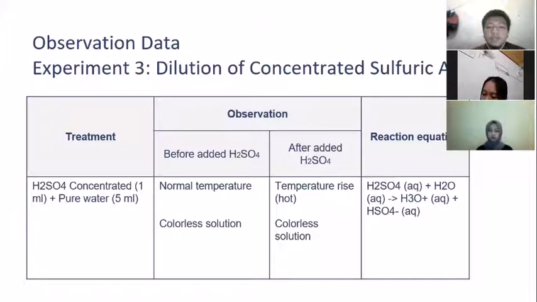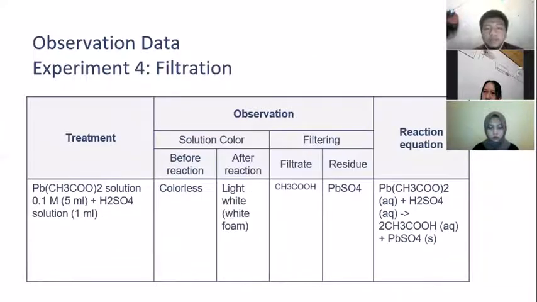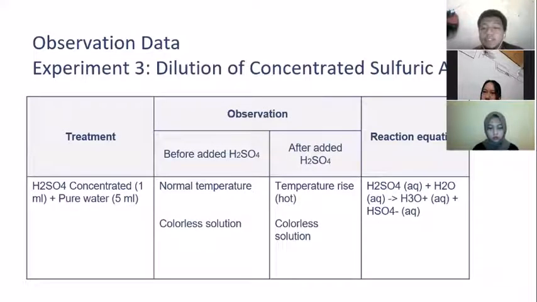For the color of solution, before and after adding sulfuric acid it is still colorless. Reaction equation for experiment 3: sulfuric acid aqueous plus water aqueous produce H3O+ aqueous and HSO4-.